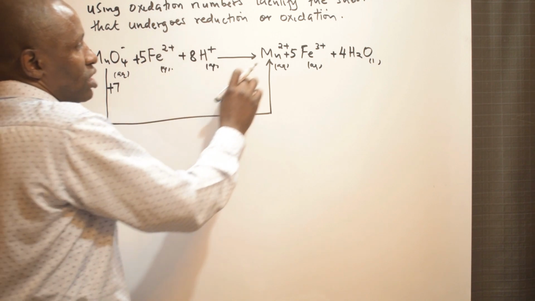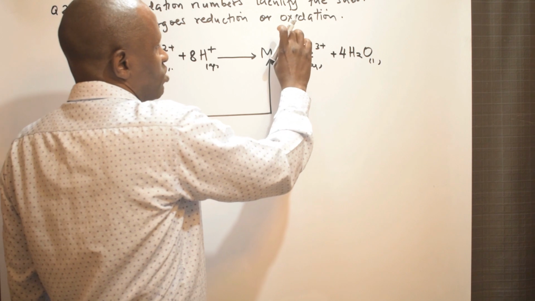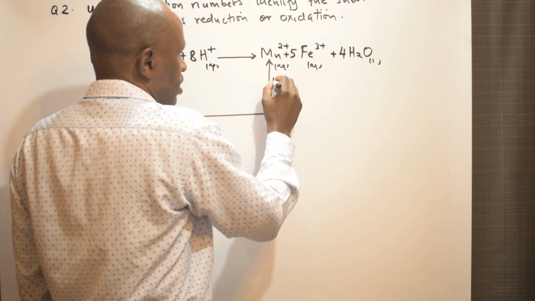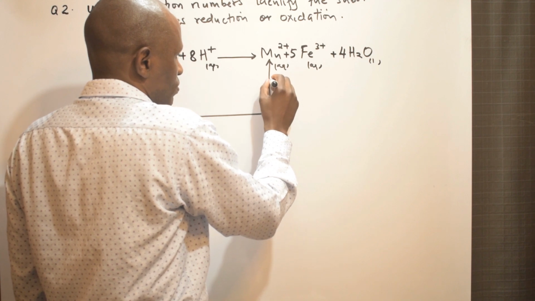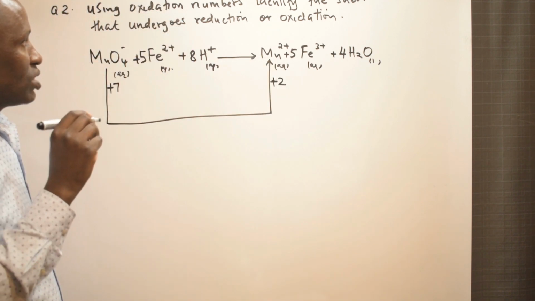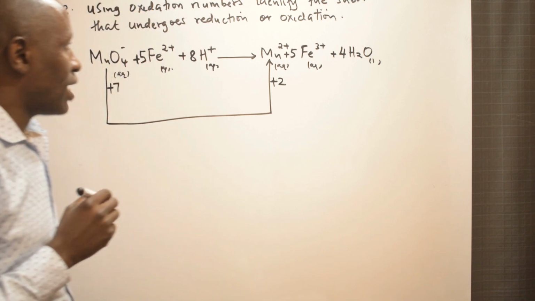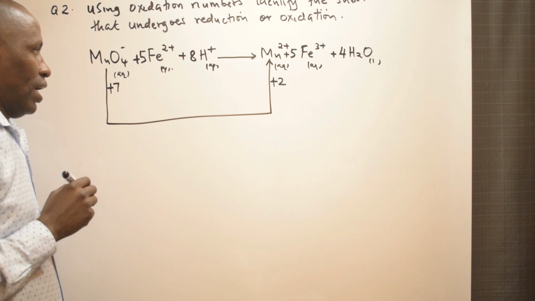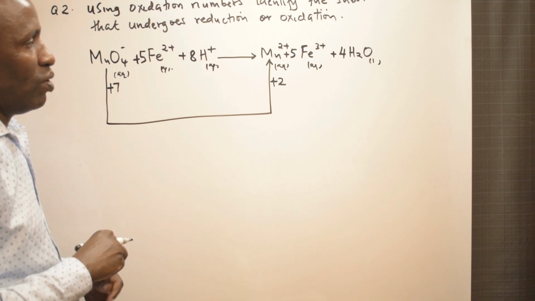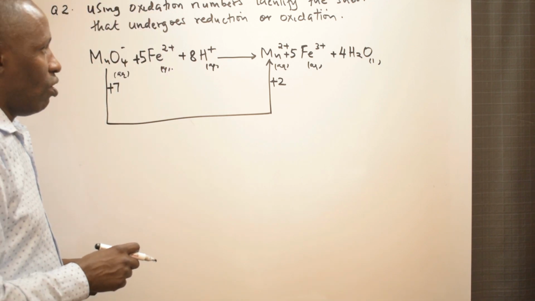Now, the oxidation number of an ion like manganese(II), we said, is equivalent to the charge of the ion, and therefore this one is plus 2. What we are seeing here, and this is one of the applications of oxidation number, is being able to tell a substance that has undergone oxidation or reduction.